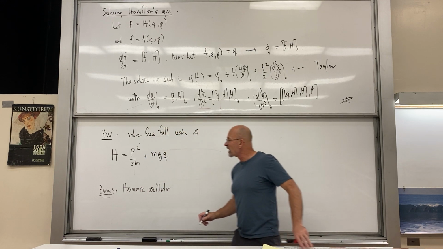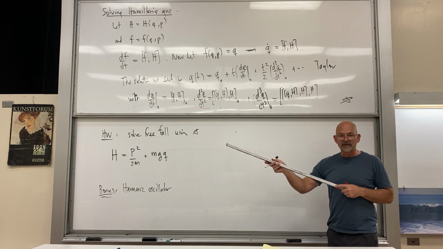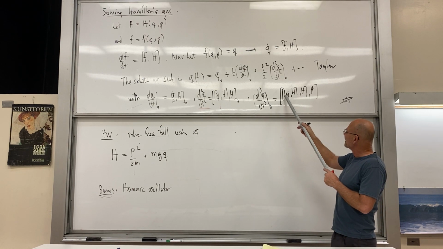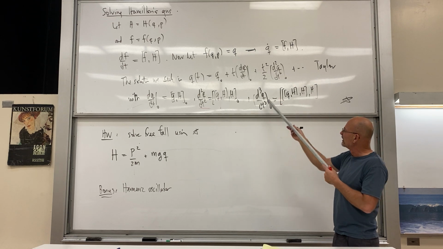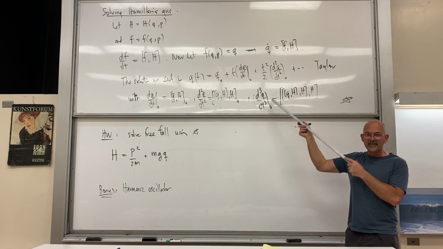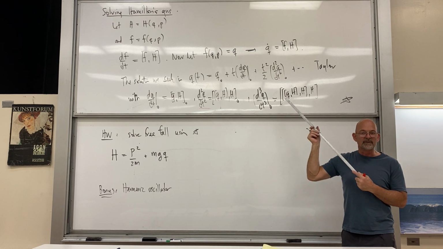Because if you do the harmonic oscillator, we know that the infinite series goes all the way out to infinity, and we're not going to be able to just declare all these equal to 0. By the way, for free fall you're not going to declare it equal to 0, you're going to find that it's equal to 0. And once one of these is equal to 0, all the higher ones are trivially equal to 0.